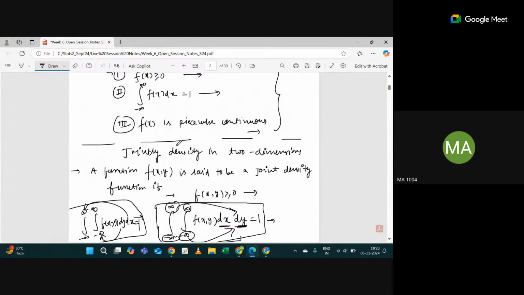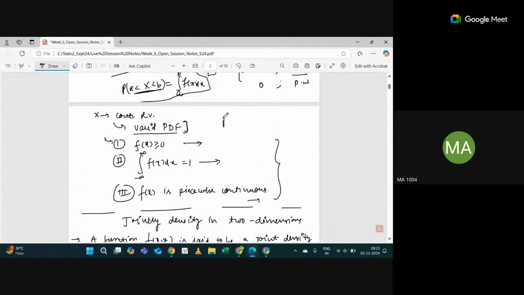For a single random variable, if I'm asking what is the probability a less than x less than b, you will integrate from a to b f_X(x) dx, whatever the limits are. We will see some questions also.